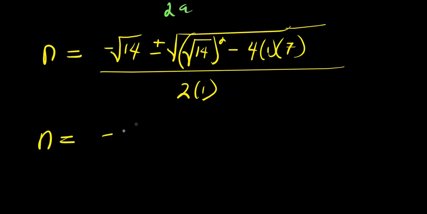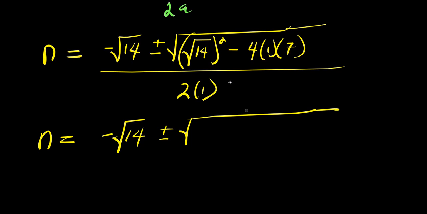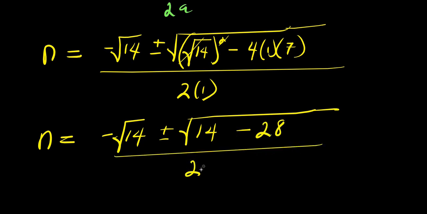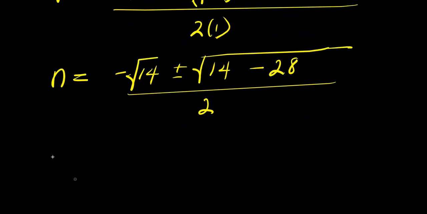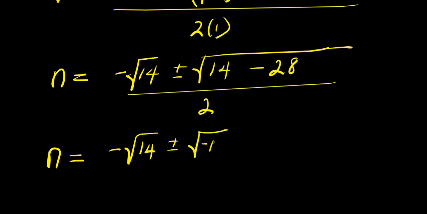We have n equals negative root 14 plus or minus. This cancels this, we have 14 minus 28 divided by 2. From here we have negative root 14 plus or minus 14 minus 28. And this is divided by 2.